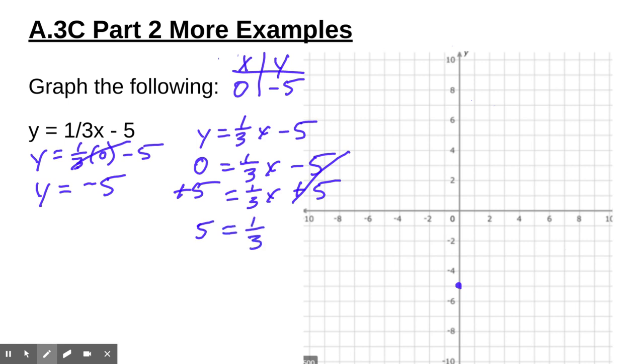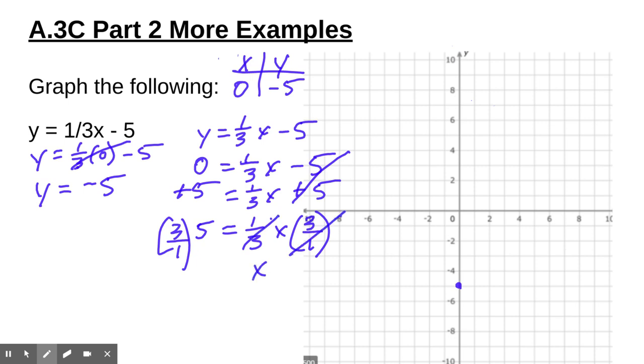And we can't do anything with that. So we need to get the x by itself. So we need to multiply each side by 3/1, the reciprocal. And that makes this go away.